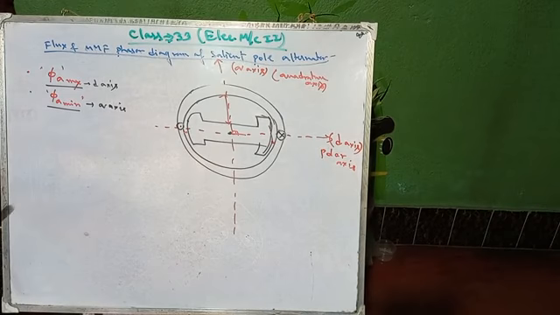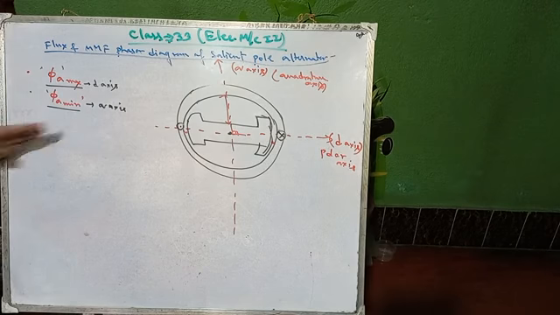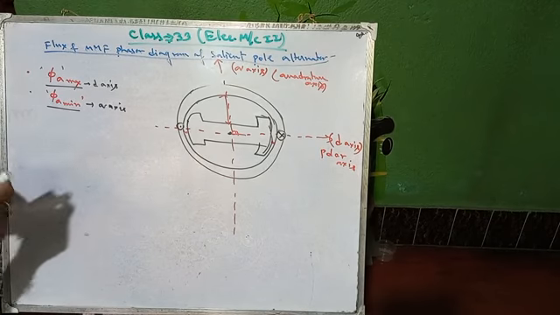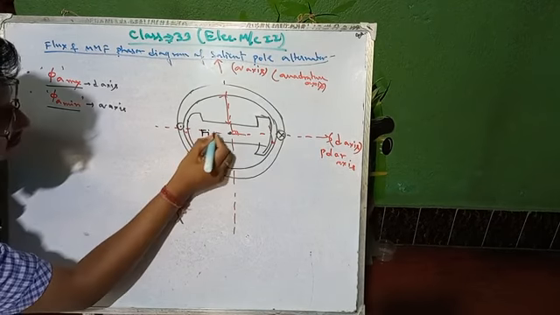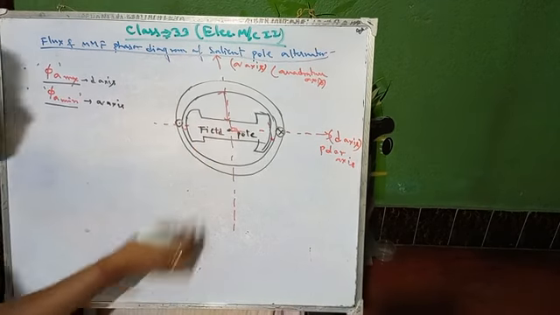Which means the magnitude of phi A depends on the orientation of the field poles. This is the field pole, because for the synchronous machine the field is rotating.